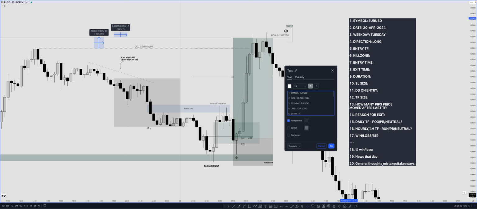As this is an example, and again, I don't know what you guys are actually trading, what time frames you're trading, what entry patterns you're trading, in this case, obviously, I'm showing something that, for example, an OT trader, someone who takes mainly OT type of plays, is looking for. So in this case, it would be 15-minute time frame, OT entry, then kill zone.